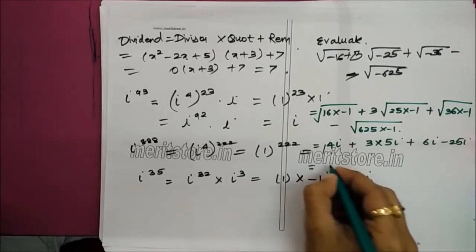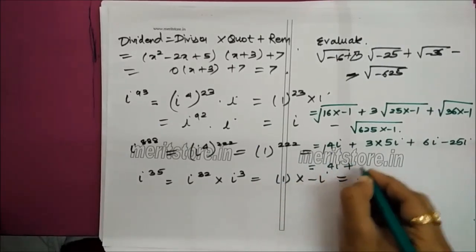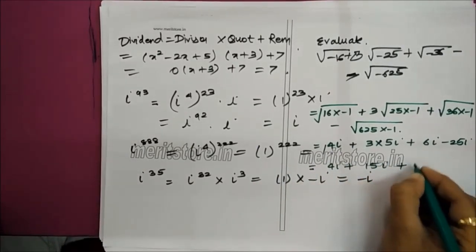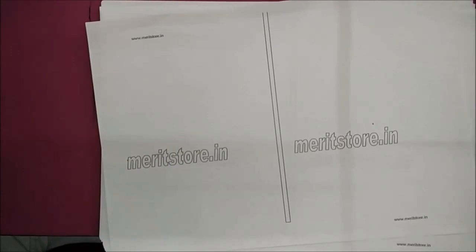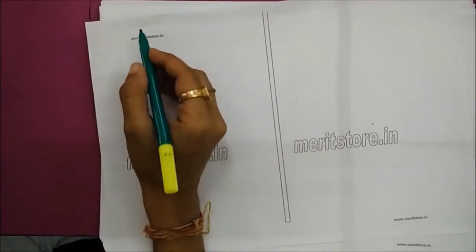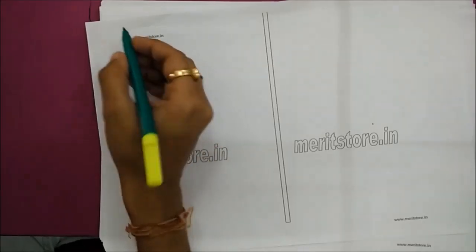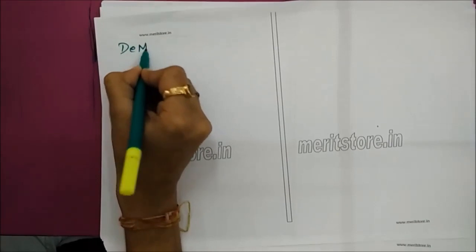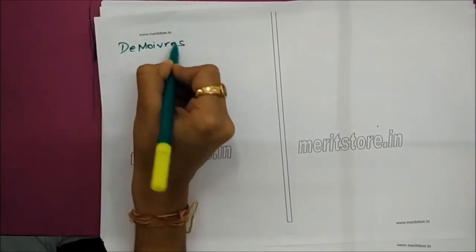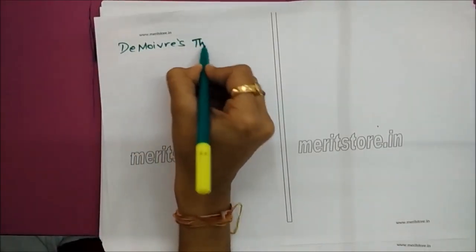When we solve this, you get 4i plus 15i plus 6i minus 25i, which is nothing but 0. So that is evaluation. Now let's discuss some of the theorems.